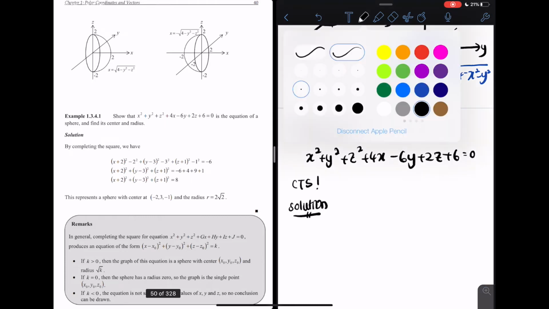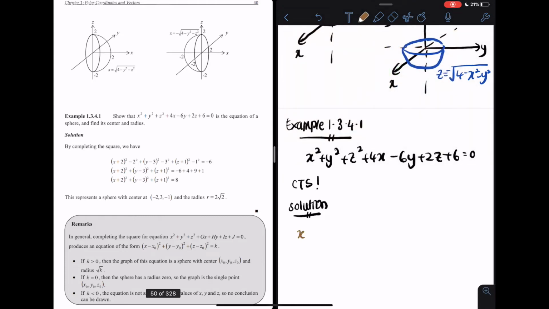So I'll get x squared plus 4x plus y squared minus 6y plus z squared plus 2z plus 6 is equal to 0.